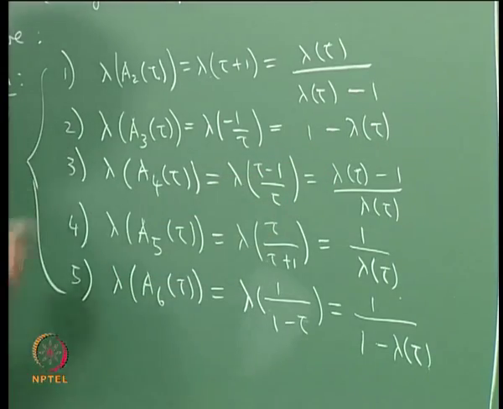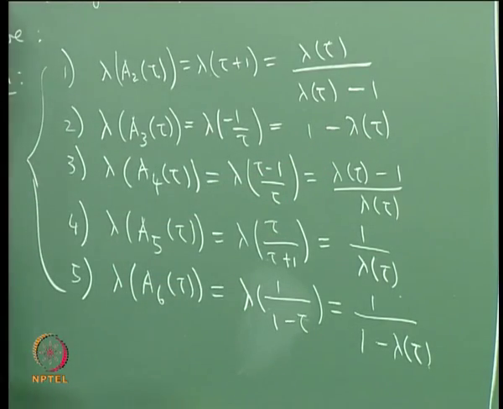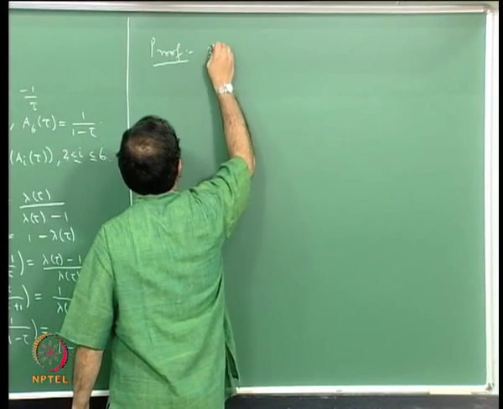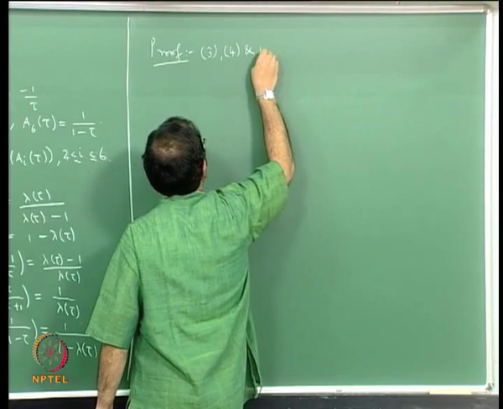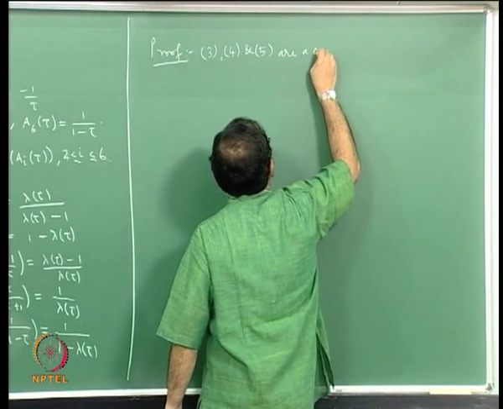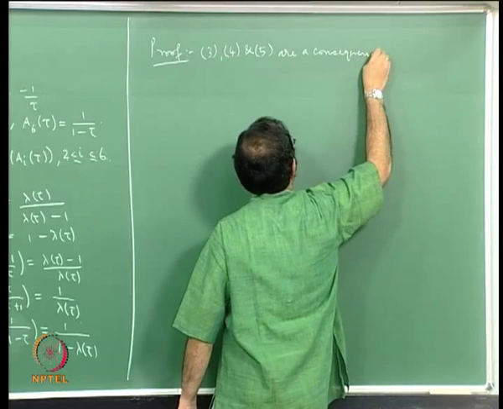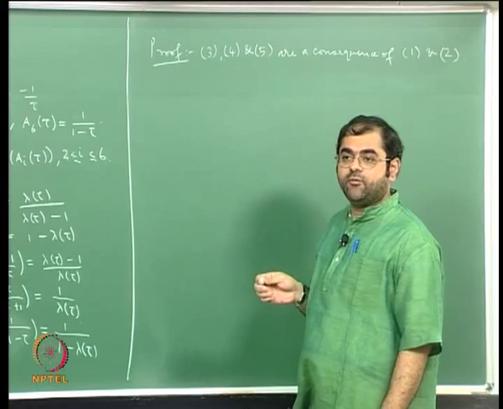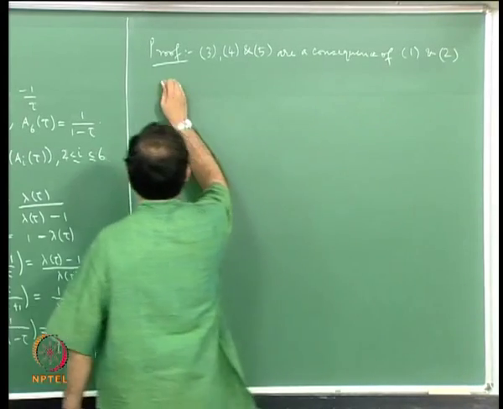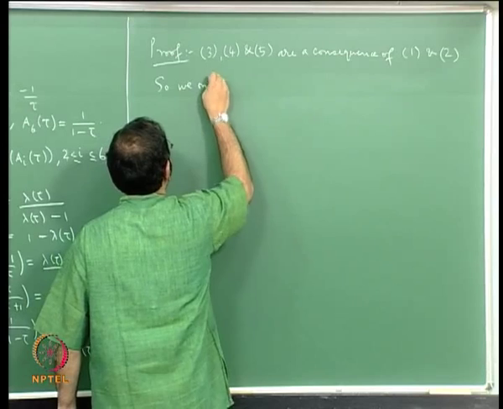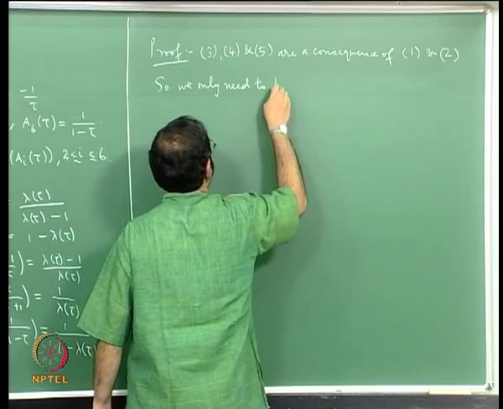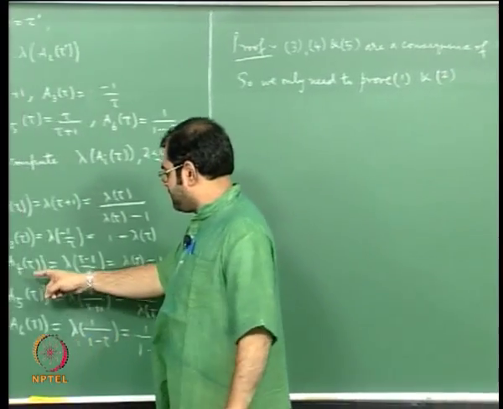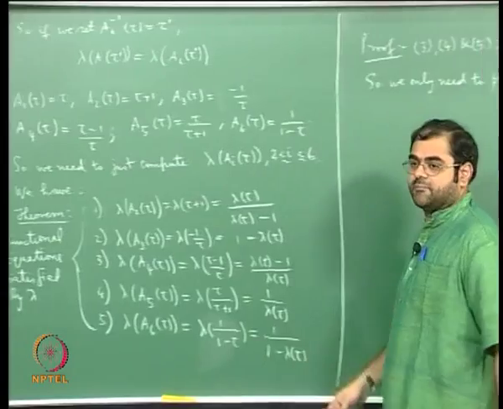So 3, 4 and 5 are a consequence of 1 and 2 applied diligently. So we only have to prove 1 and 2. Well, I hope that these formulas are right, because I wrote them down once.